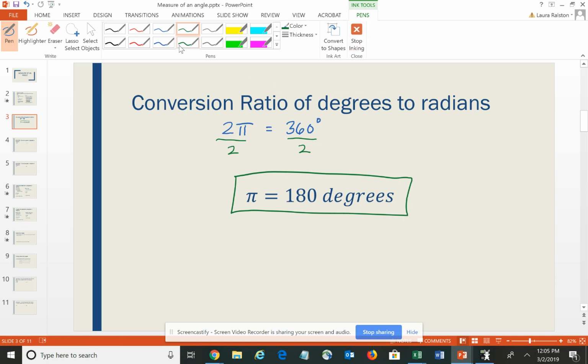If we want to go one step further, and divide both sides by pi, 1 radian is equal to 180 degrees divided by pi. So 1 radian is approximately 57.3 degrees. If that helps you get a picture in your mind of the measurement of a radian, 1 radian is approximately 57.3 degrees. But the primary relationship that you need to remember at this point is that pi equals 180 degrees.